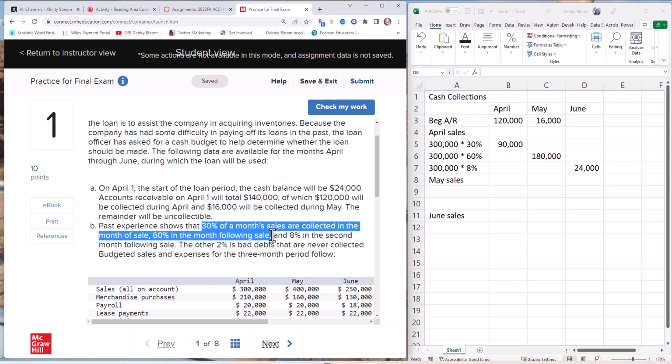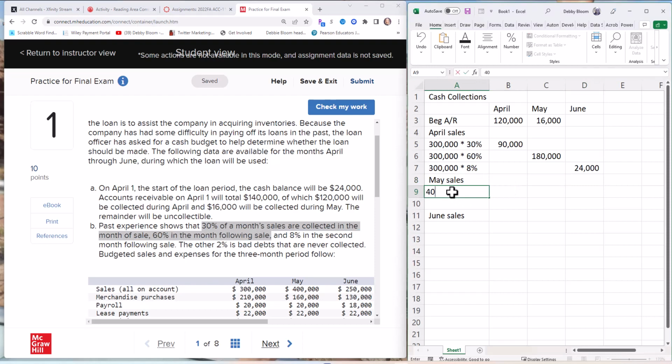in May, and 60% will be collected in June. So here, $400,000 multiplied by 30% will be collected in May, and $400,000 multiplied by 60% will be collected in June, and again, $400,000 multiplied by the 8% will be collected in July, but we're not asked to budget for July.